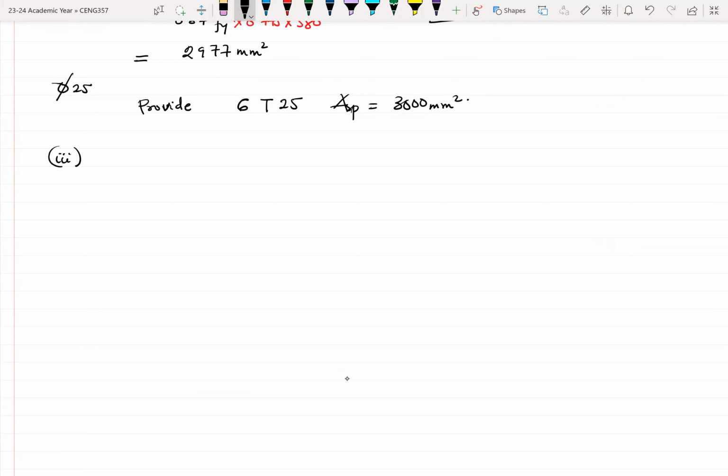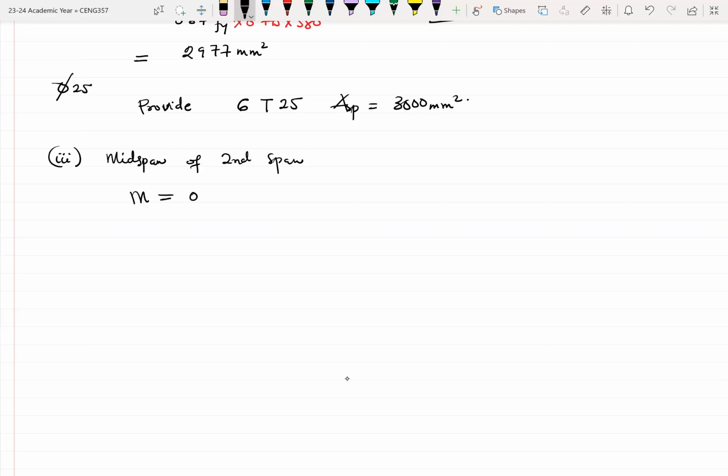So it states, the mid span of the second span. For that one, our moment M is 0.07 FL.